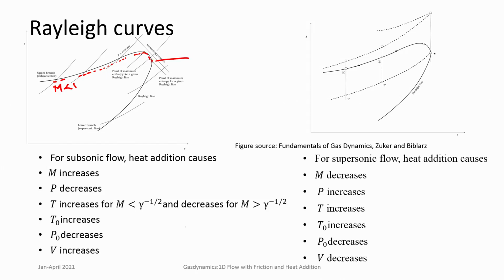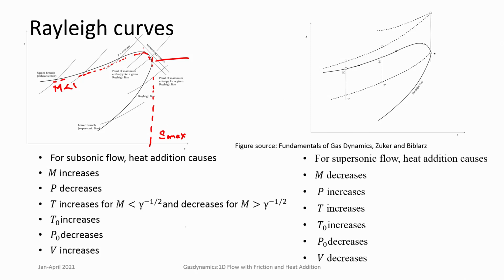This point corresponds to maximum entropy, S max. Okay. So, if you look at this curve, the upper branch, which is the subsonic branch, initially there is an increase in temperature.